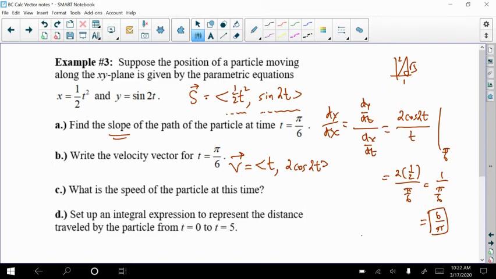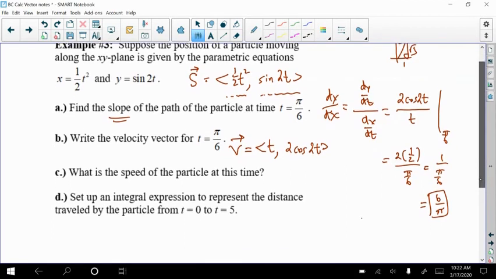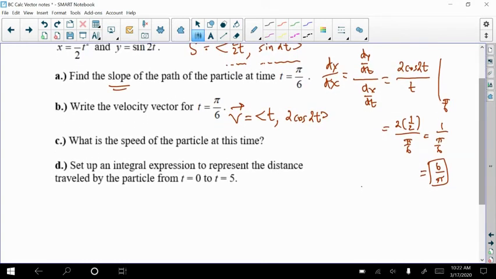Okay, now speed of the particle at this time. Well, speed is a scalar measurement. It's the absolute value of velocity. So if I want to find the speed, I'm looking at this vector velocity as the magnitude of that. So that's part C here. Sometimes you'll see a double absolute value. That's referring to the magnitude of that vector.